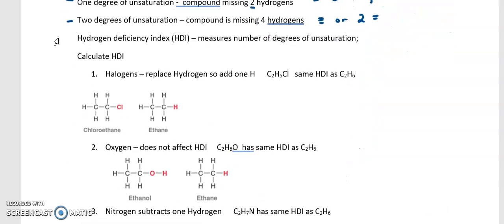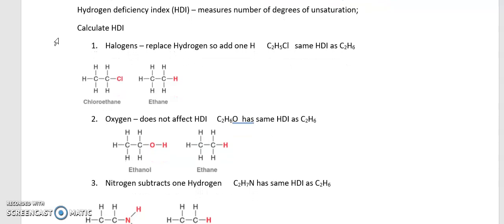So to calculate this hydrogen deficiency index, we count halogens as if they were hydrogens. Each halogen will replace 1 hydrogen. So C2H5Cl has the same hydrogen deficiency index as C2H6, the chloroethane and the ethane. We just replace.